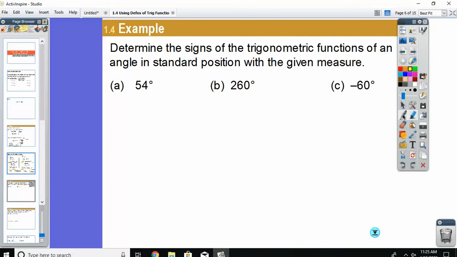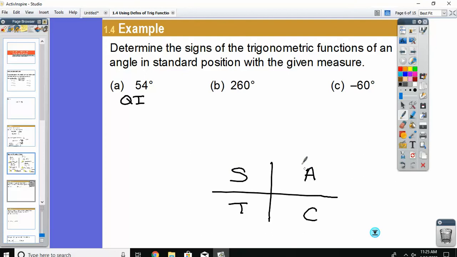So 54 degrees, what quadrant is 54 degrees in? Quadrant 1, because that's between 0 and 90. Okay, so in quadrant 1, we're thinking all students take calculus. In quadrant 1, all 6 functions will be positive.